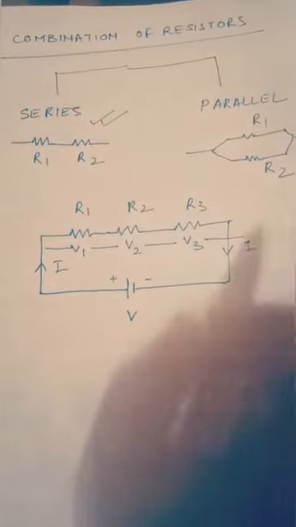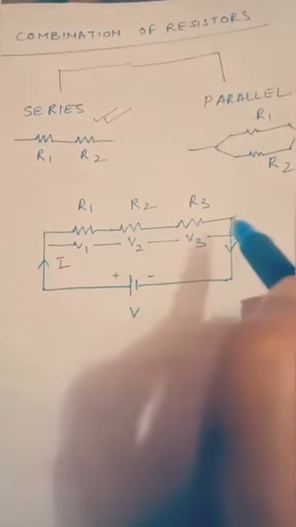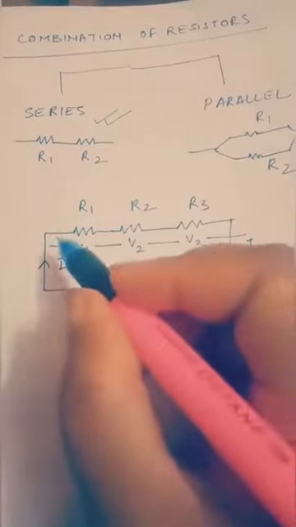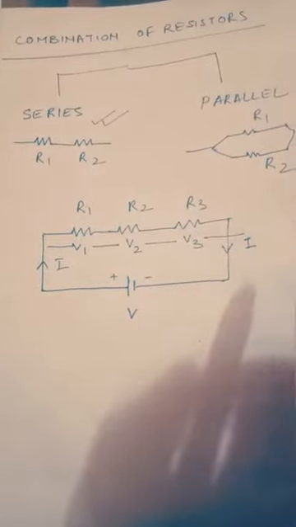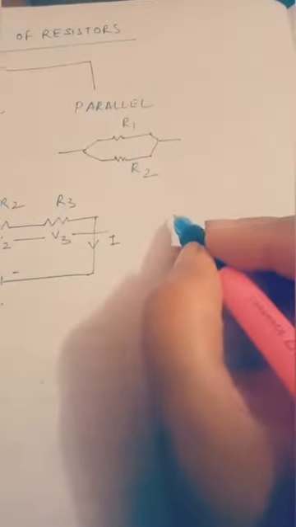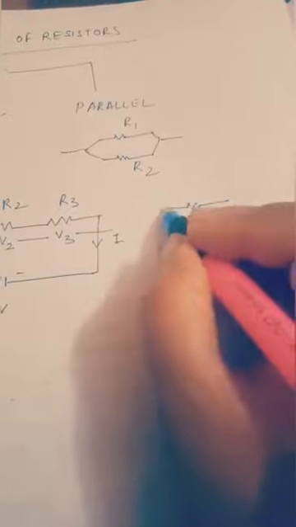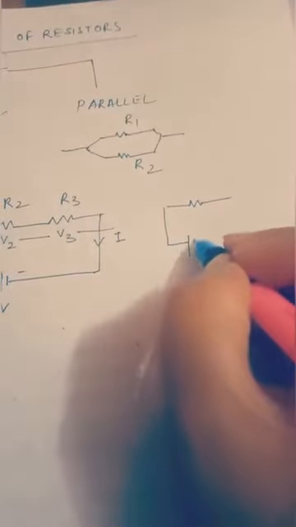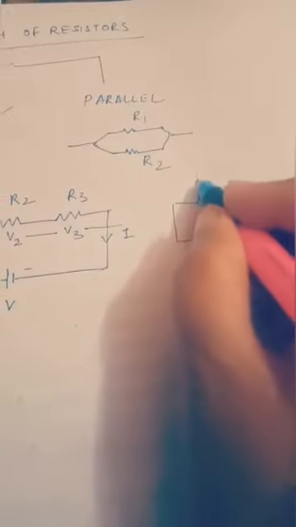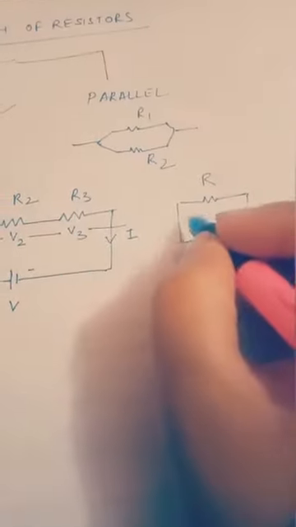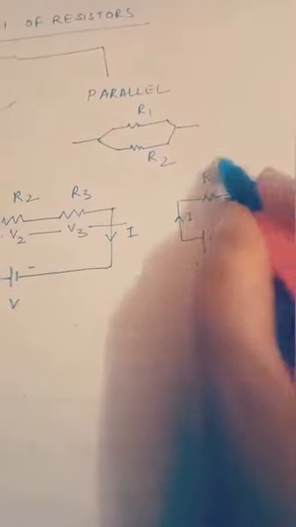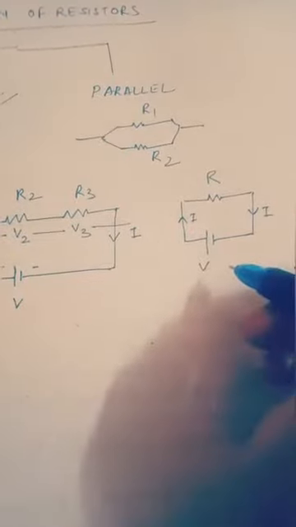Now instead of this, if I replace all the three resistors with an equivalent resistance such that it draws the same current I from the cell, I am considering one more circuit: if I put a resistor R with the same battery of V volt, and I current is drawn by this, then this resistance will be called the equivalent resistance.